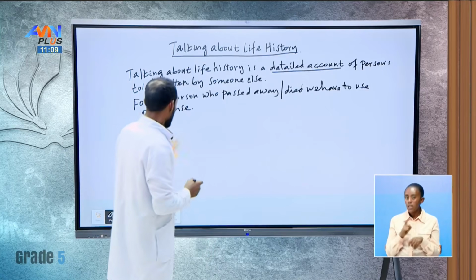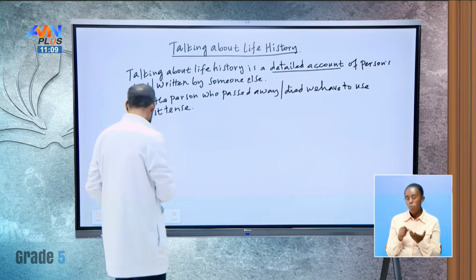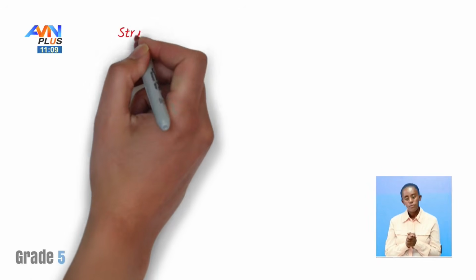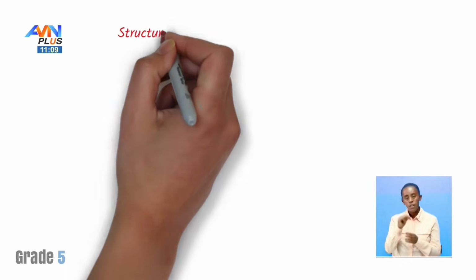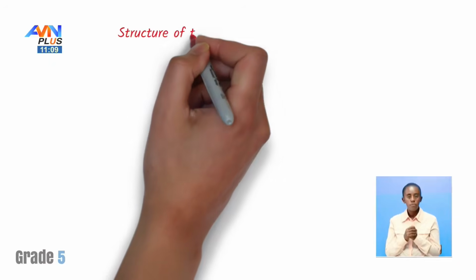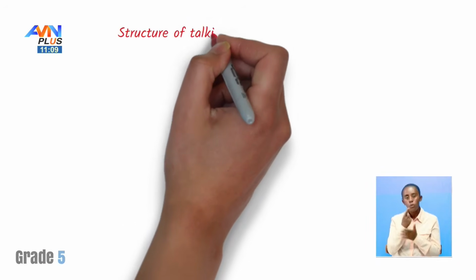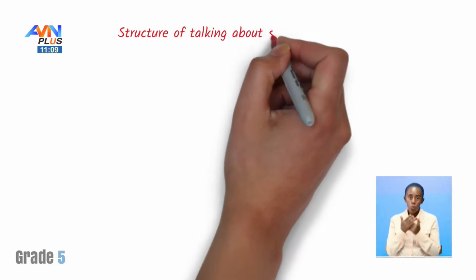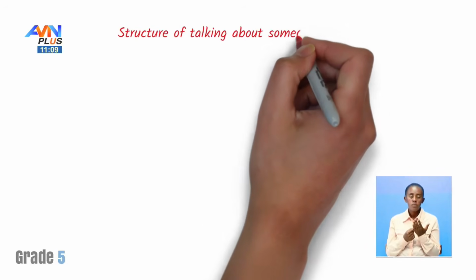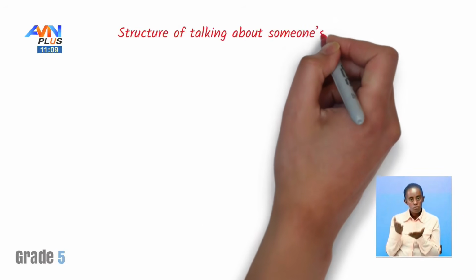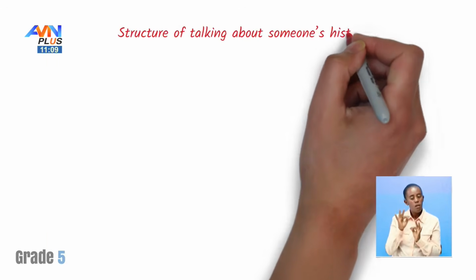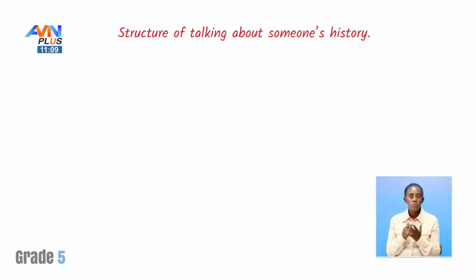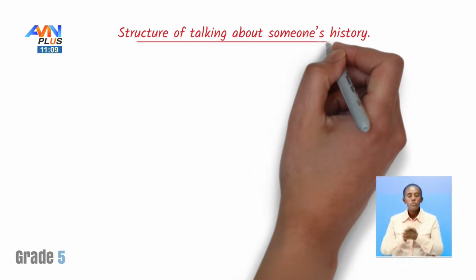Bravo. So, let's say something about the structures of talking about someone's history. Or maybe sometimes it can be said, sorry, okay? So what structure should be followed?